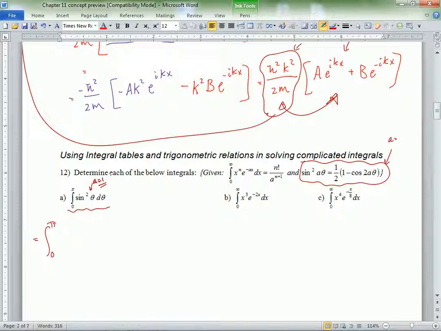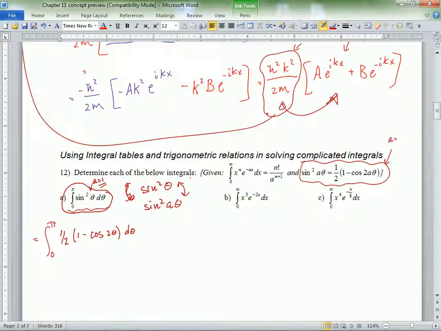So I'm going to substitute in that expression using a being 1. So I'll have 1/2 times 1 minus the cosine of 2 theta. Because right here, sine squared theta, sine squared a theta, these two things have to be the same.